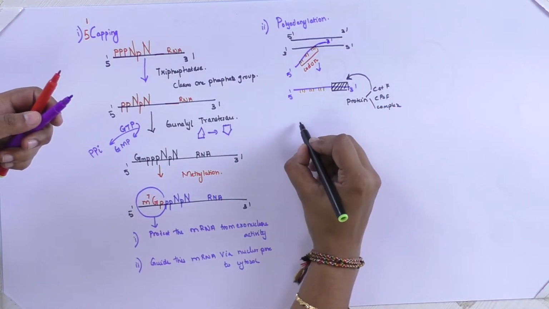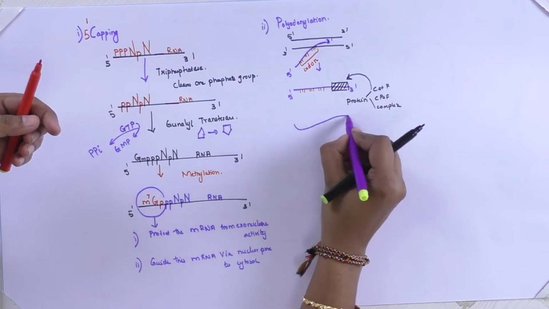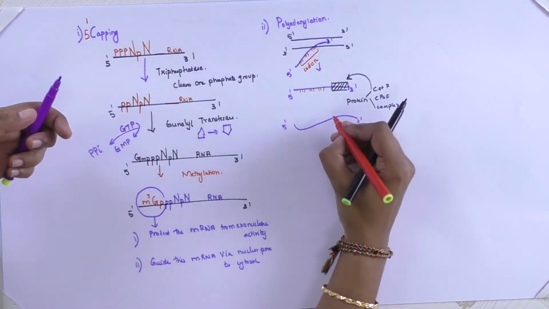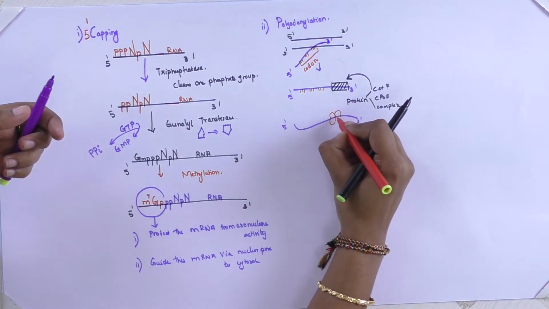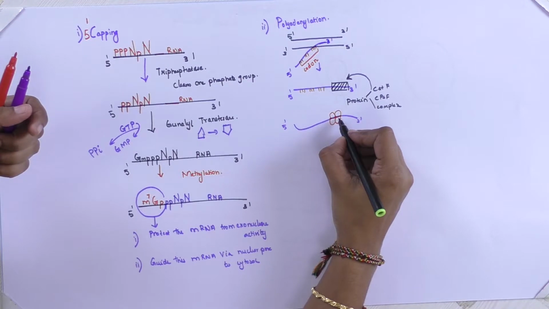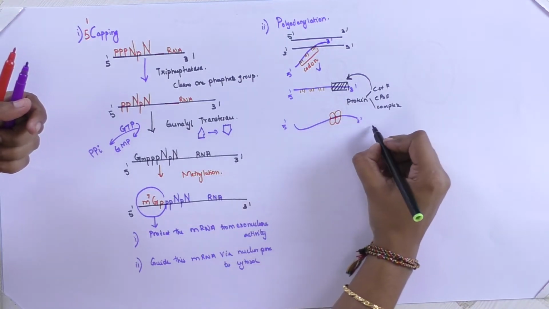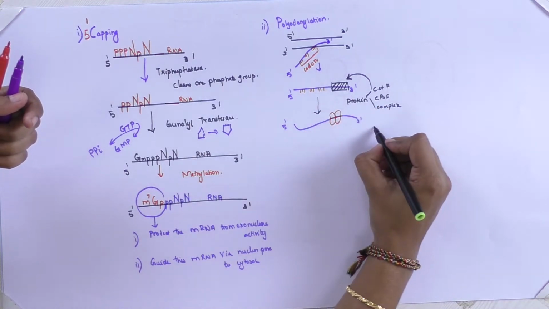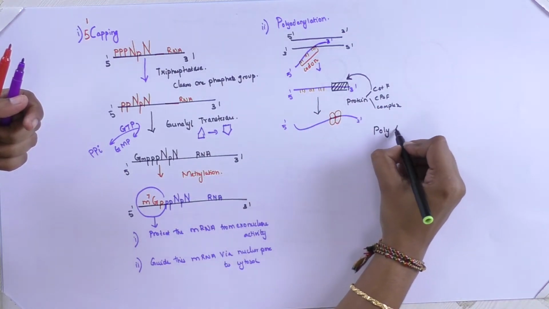Drawing it again, 5' to 3', CSTF and CPSF are going to make a complex here. After this complex, the first enzyme which is going to act in polyadenylation is poly A polymerase.